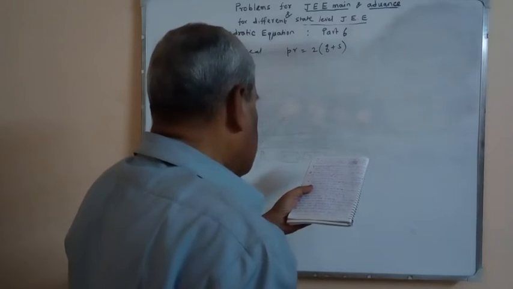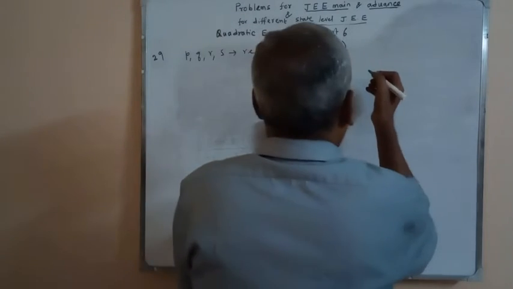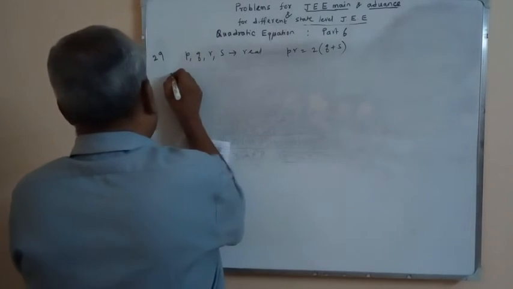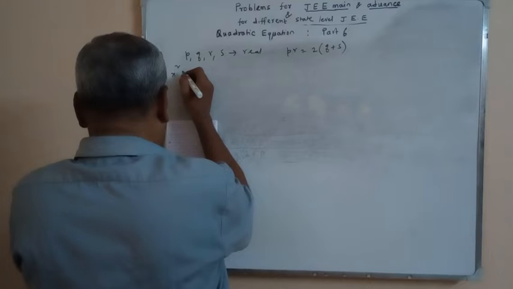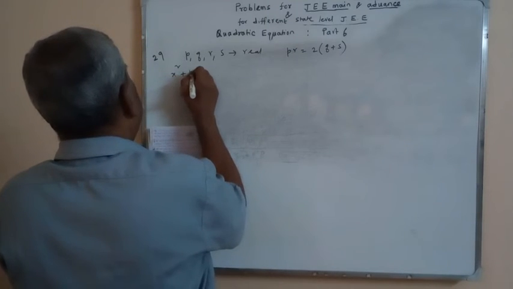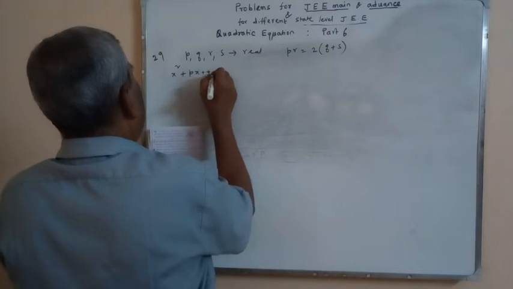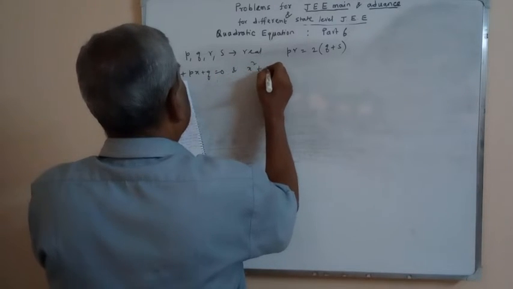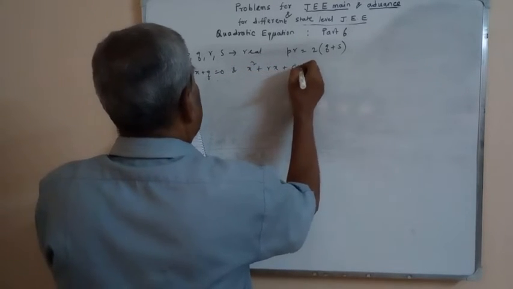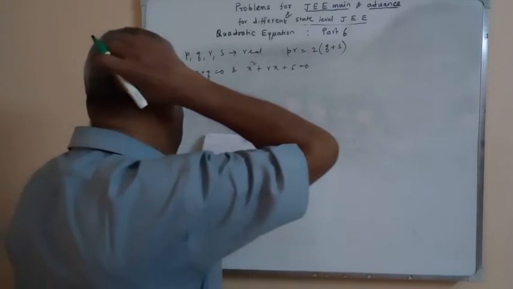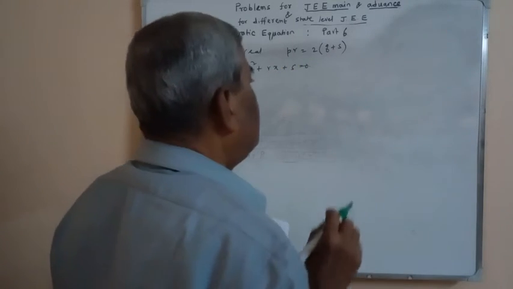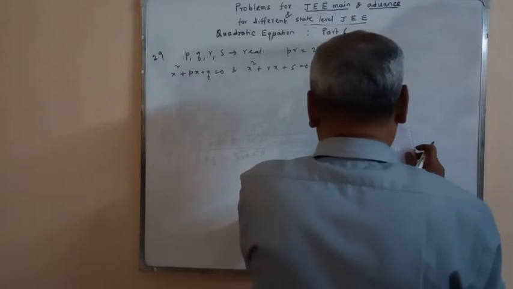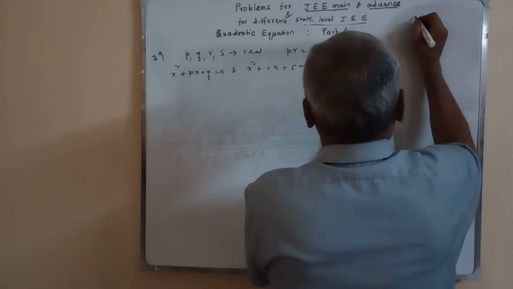Then at least one of the equations x square plus px plus q and x square plus rx plus s is equal to 0 has: number 1, imaginary roots.